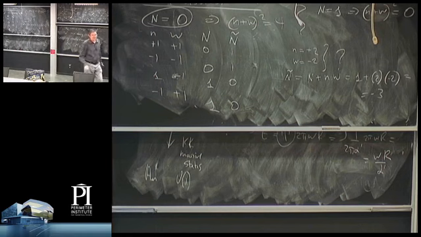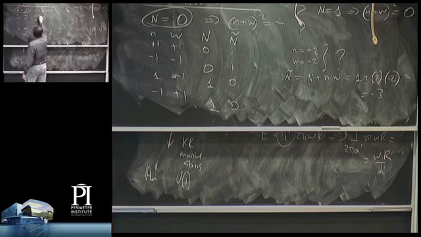That answers your question, because there is no way I can excite minus 3 oscillators. I have a ground state, and I can excite only a positive number of oscillators on top of the ground state.